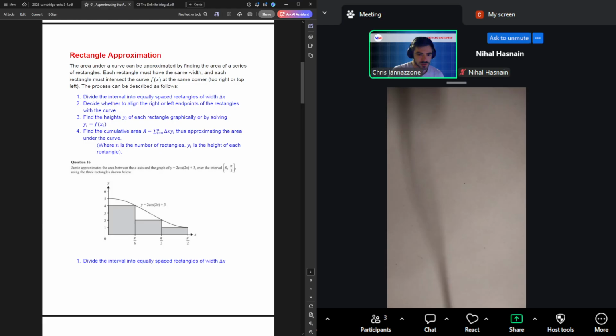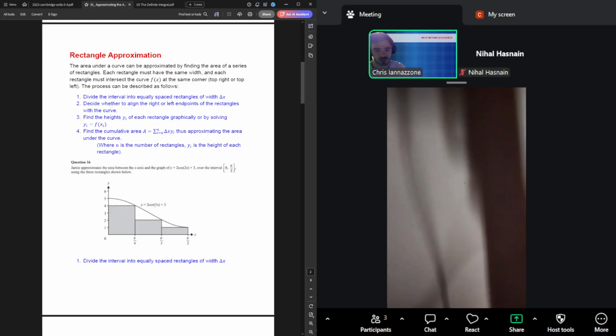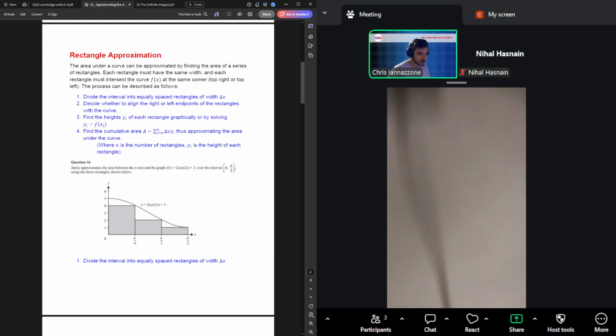Basically, the approach is to take these shapes that are otherwise challenging to find the area under, like for instance this curve that's bound by the cosine. Right, there's no generic area formula for that. But we do have generic area formulas for rectangles.